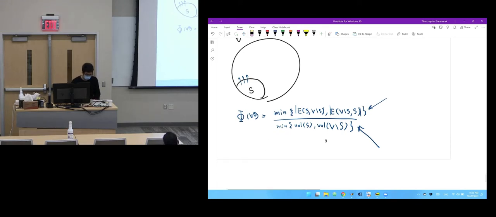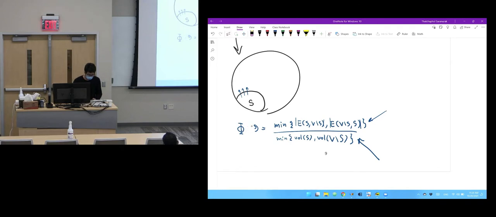So why do we define the expansion in a directed graph like this?